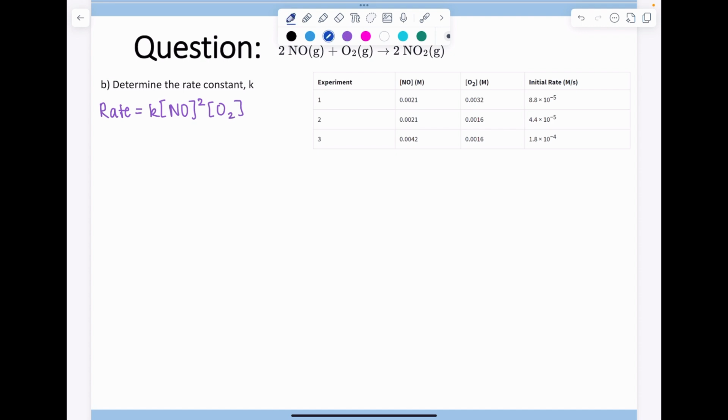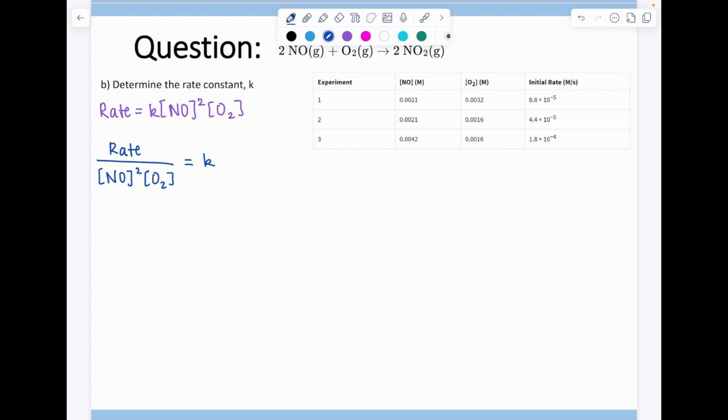Now to find K, we can plug in information from any one of these experiments. I'll first rearrange this equation to solve for K. So that will be the rate divided by concentration of NO squared times concentration of O2. This is equal to K.